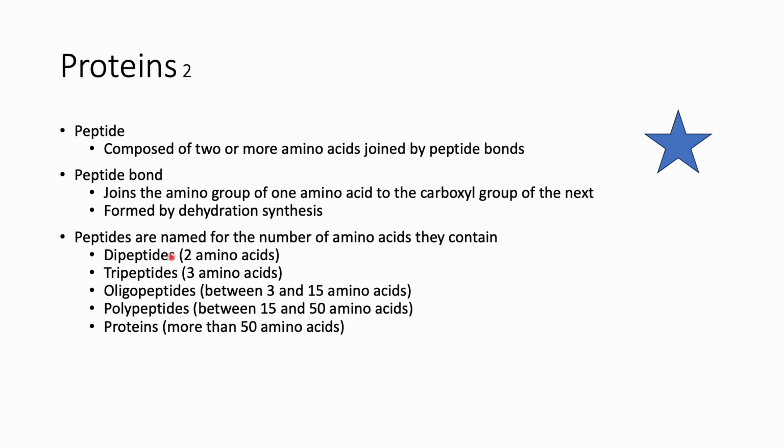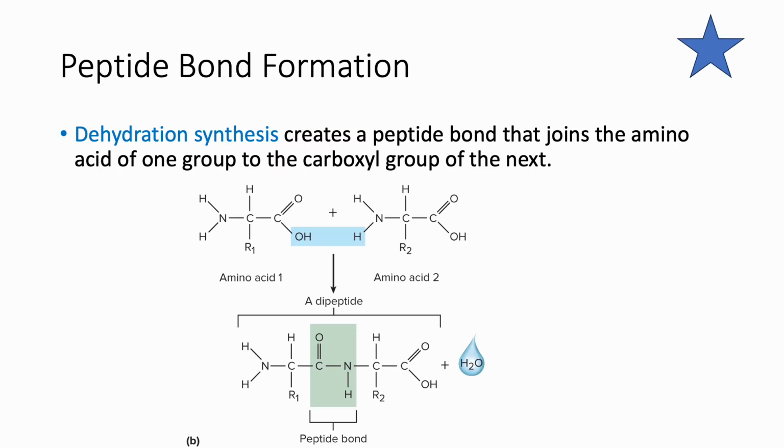If we have 2 amino acids forming a peptide bond, we call that a dipeptide. 3 amino acids, tripeptides. 3 to 15, oligopeptides. 15 to 50, polypeptides, and more than 50, that is now called a protein. So here we see the formation of a peptide bond, the hydroxyl group of one amino acid and the hydrogen of the amino group of another amino acid coming together in a dehydration synthesis reaction, giving us a peptide bond and water.